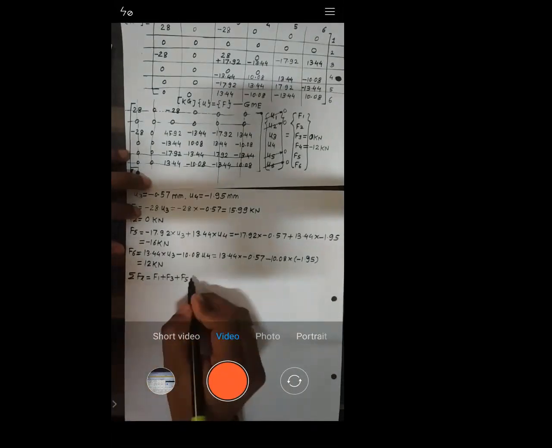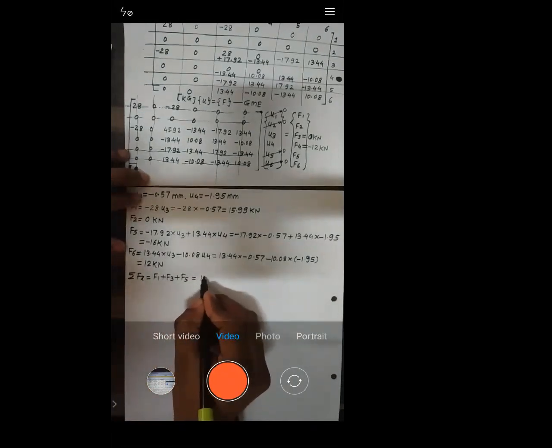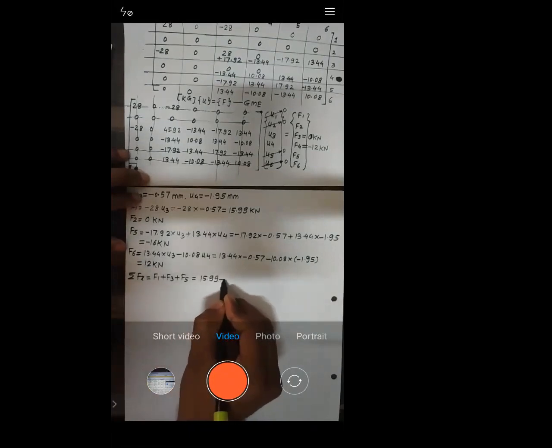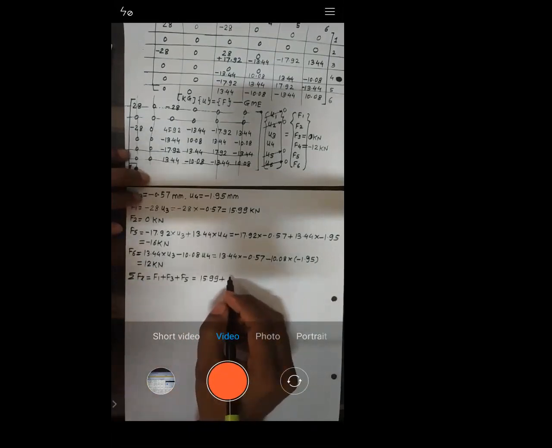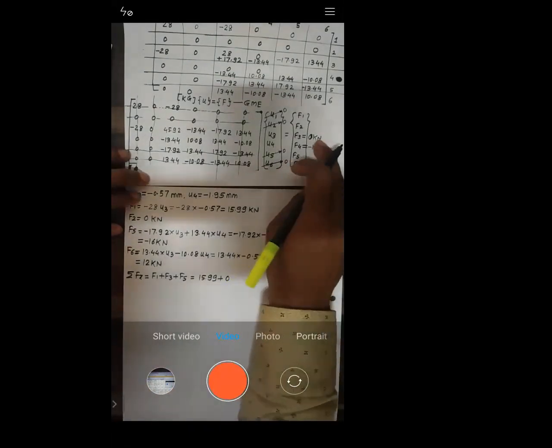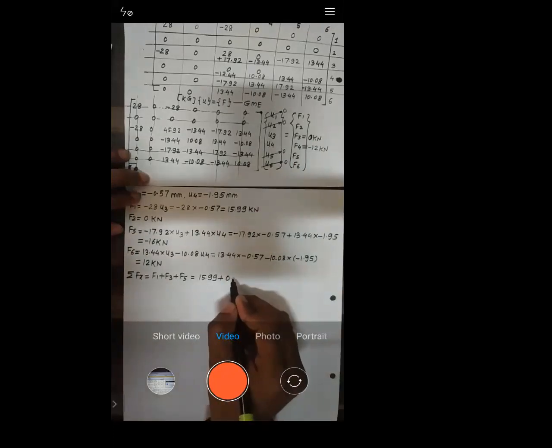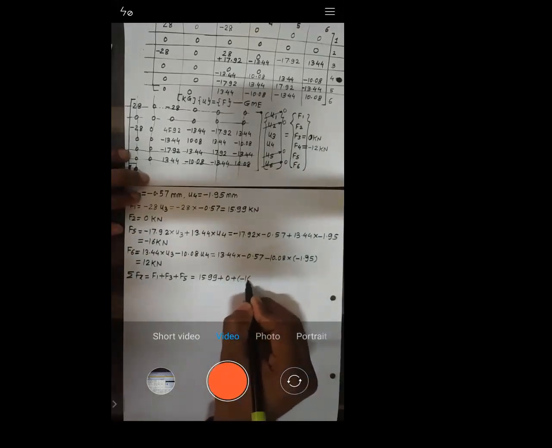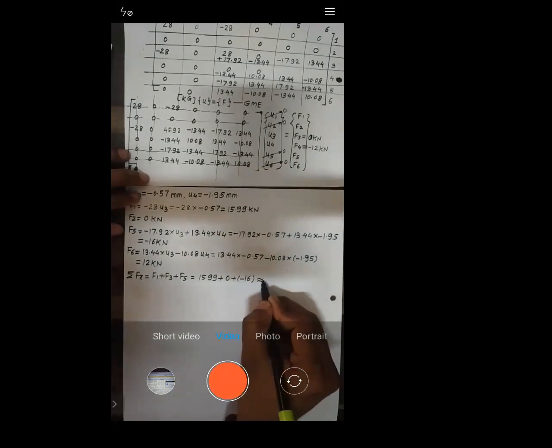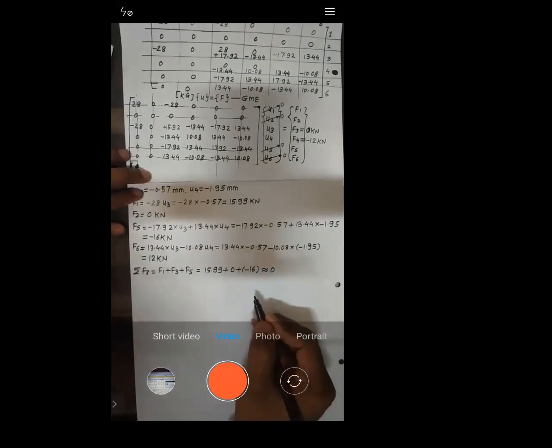F1 is 15.99 plus F3. F3 is 0 plus F5. F5 is minus 16, right? So if you calculate its answer, it is coming approximately 0, right?